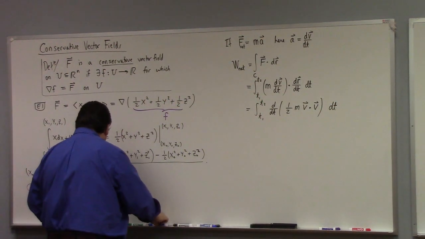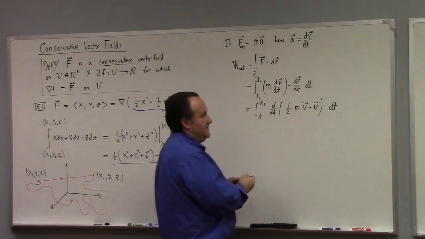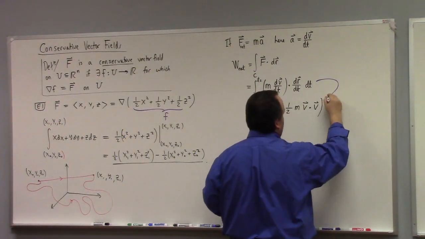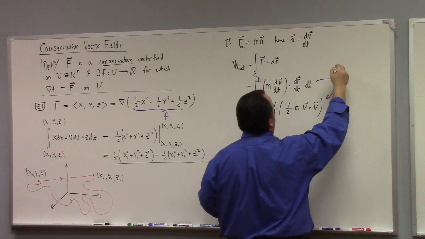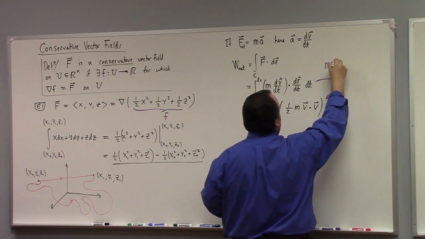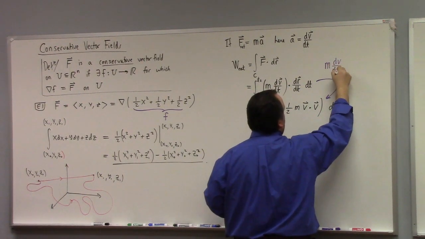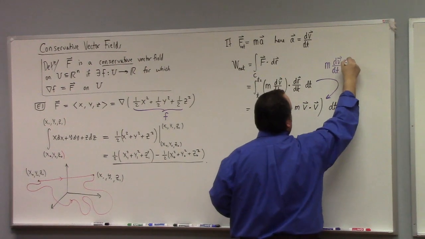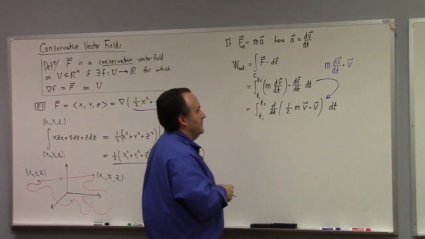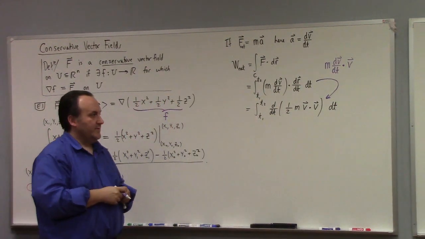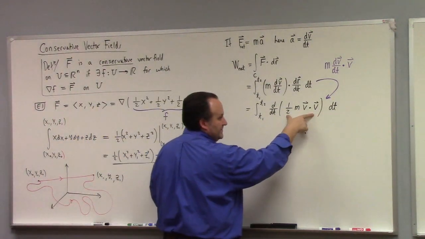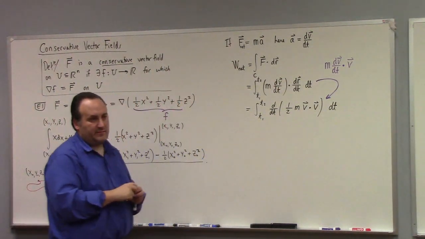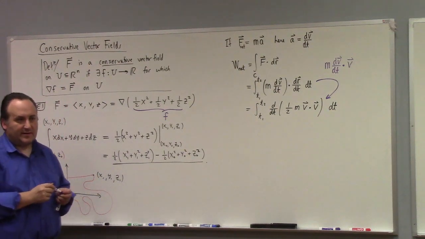Now, this may not be obvious at first glance. So let's see here. What we're looking at is m dv/dt, right, dot v. That's the starting point, right? What happens if you differentiate this? I don't really want to write it out, but let's think about it in our mind.